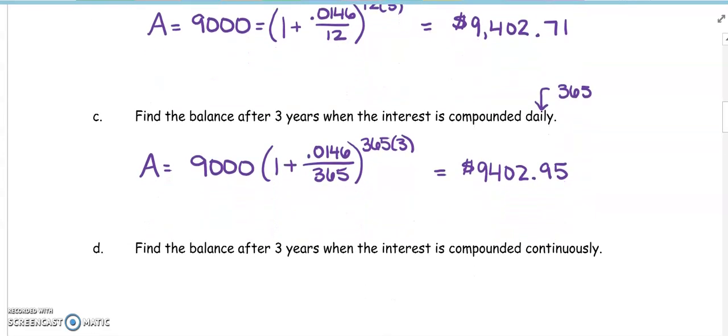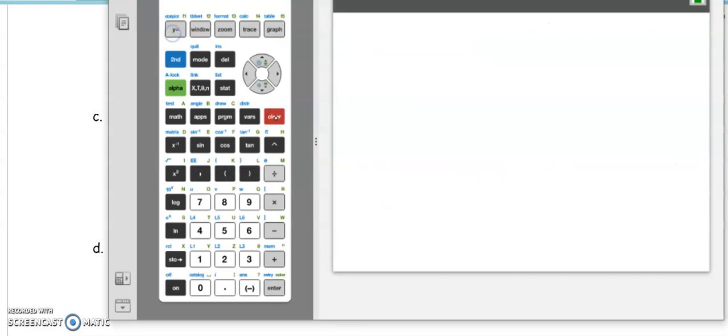Okay, so we now want to find the balance after 3 years if we compound continuously. Continuously, that's our signal. We're using the Pert formula. We're saying A is equal to 9,000 times e to the rt power. That's 0.0146 times 3 power. This one you could probably plug into your calculator all at once.